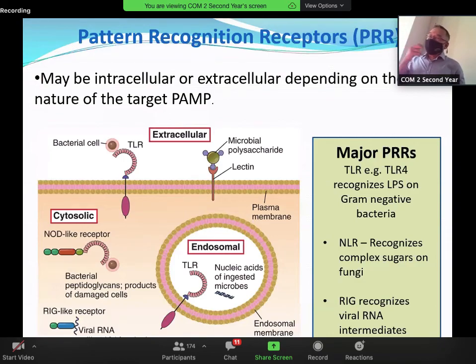When you have a severe infection with gram-negative bacteria, you get massive amounts of this LPS being released. This LPS gets recognized by this toll-like receptor 4 on macrophages. And what it does is it stimulates a huge inflammatory response by macrophages so that these inflammatory cytokines go systemic.